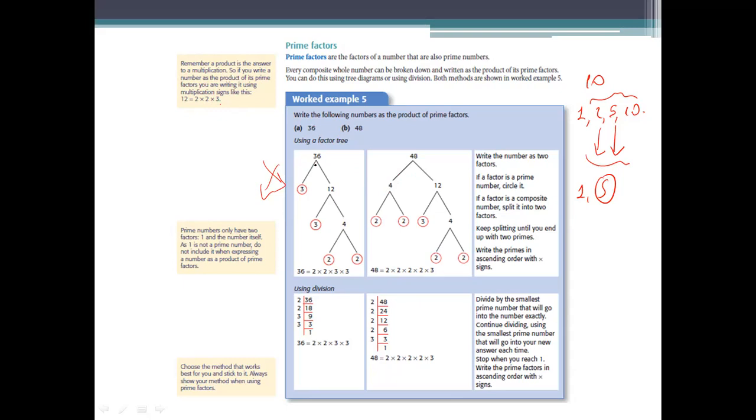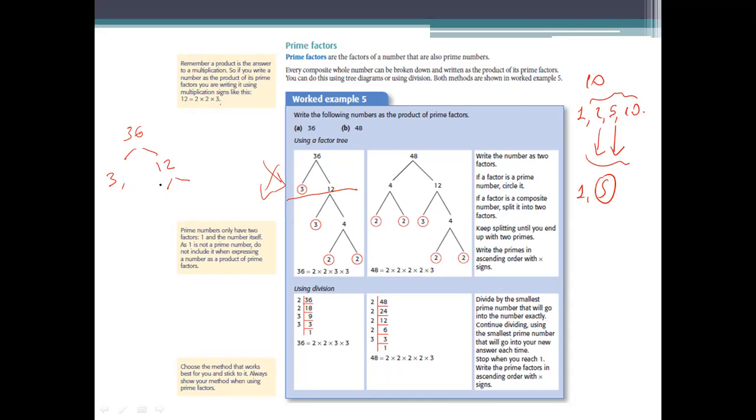36. First of all, find the factors of 36. In the first step, we have only two factors of 36, 3 and 12. 3 is prime, that's why we cannot touch it.